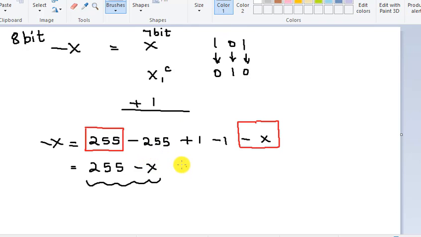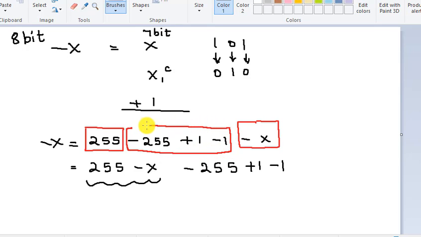Then we are left with minus 255 plus 1 minus 1. We take the remaining terms, right? So this one is ones complement, that's what is represented here.